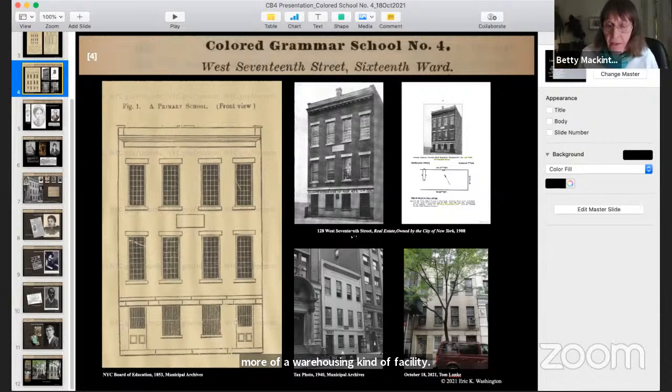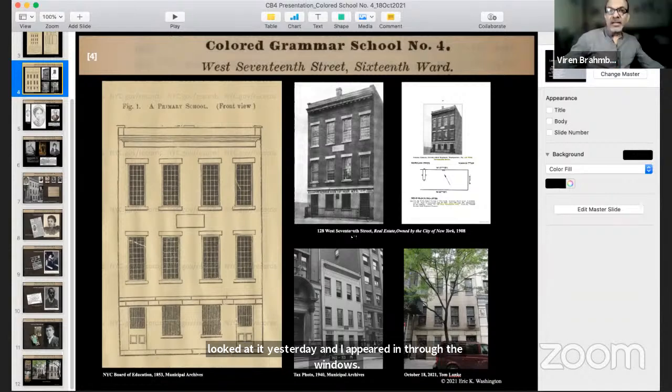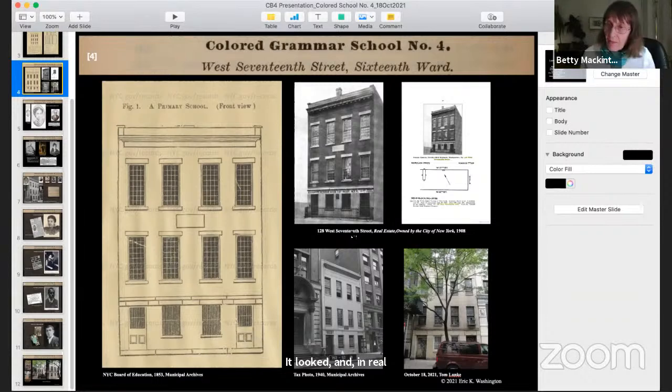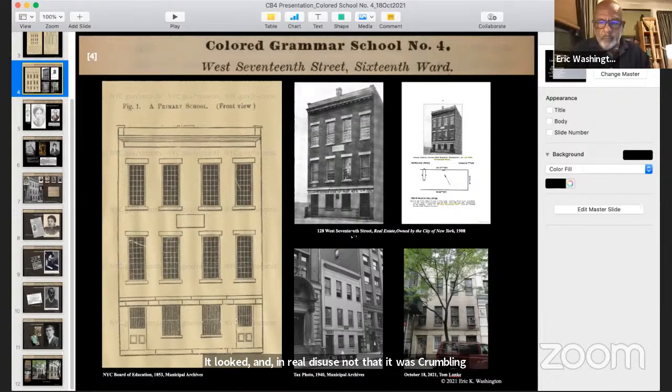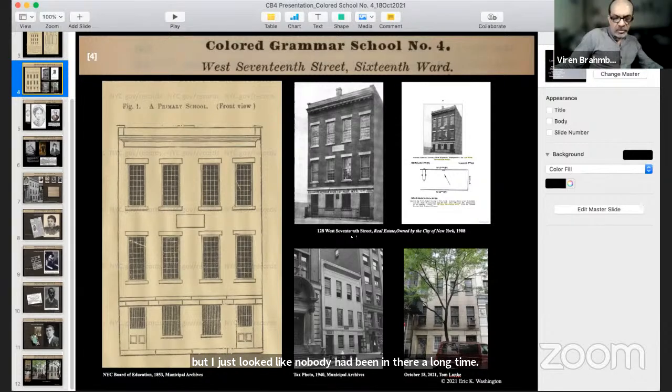I looked at it yesterday and I peered in through the windows and it looked extremely unoccupied. It looked in real disuse. Not that it was crumbling, but it looked like nobody had been in there a long time. Okay, and I think I just looked up the ownership online. It is owned by the Department of Sanitation. It's city-owned, but the owner is particularly mentioned as Department of Sanitation compared to DCAS.